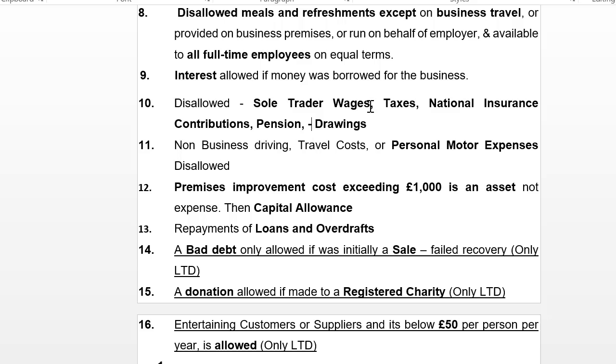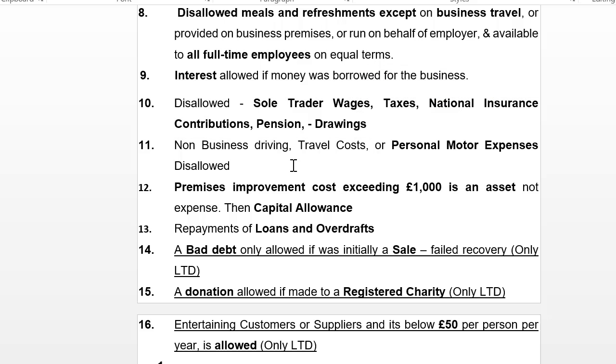From that profit, a tax is paid, and whatever is left can be taken by the business owner. However, they can take money before the year end, before the final year profit is calculated, in form of drawings. That is acceptable. But these are not business expenses.